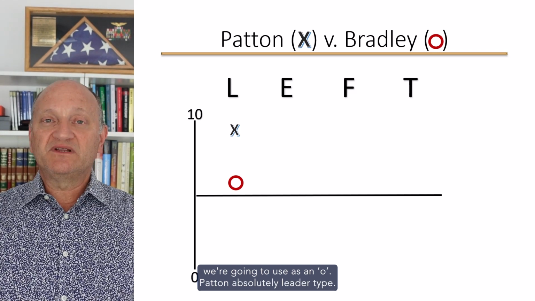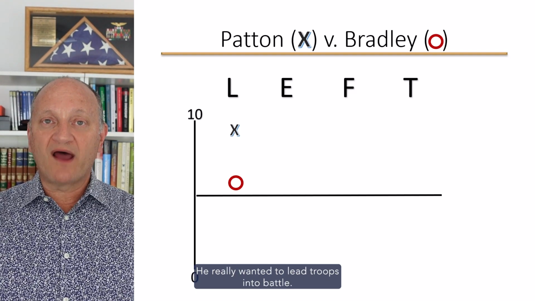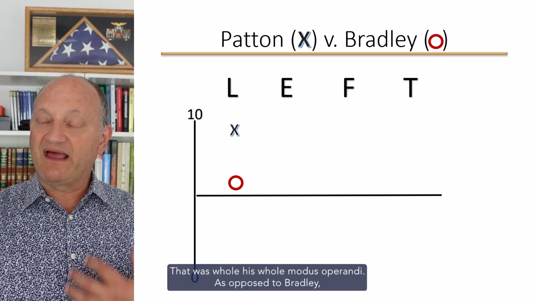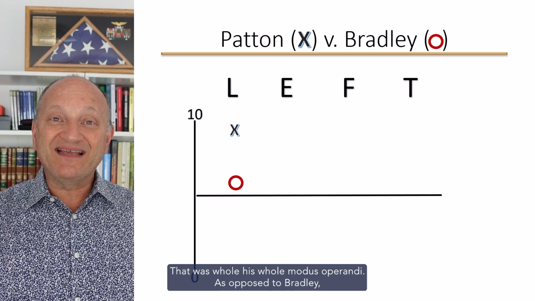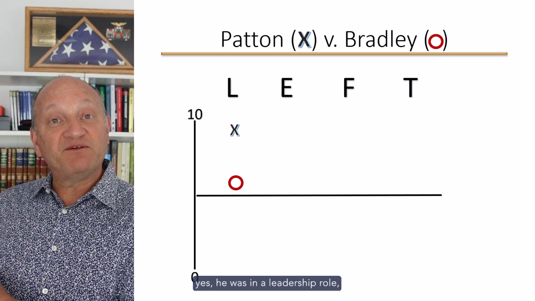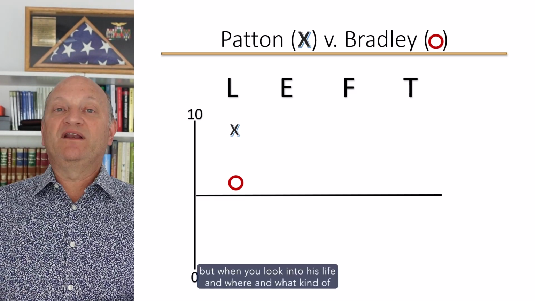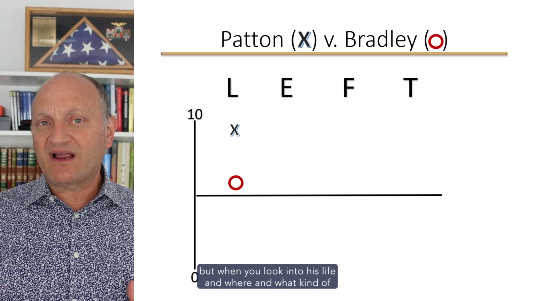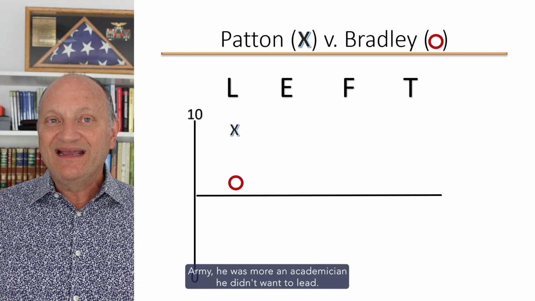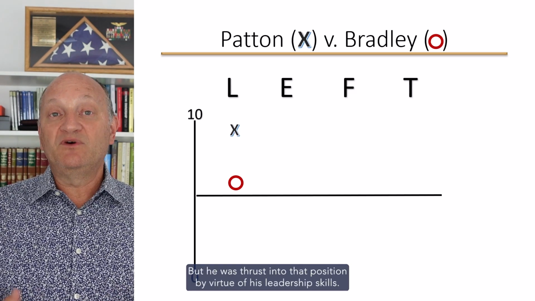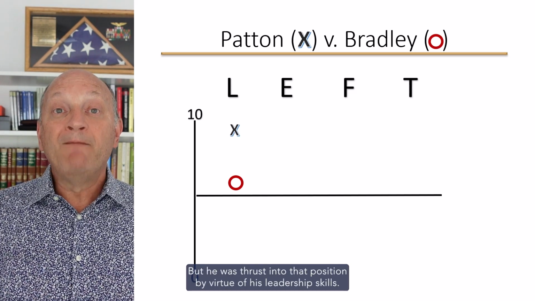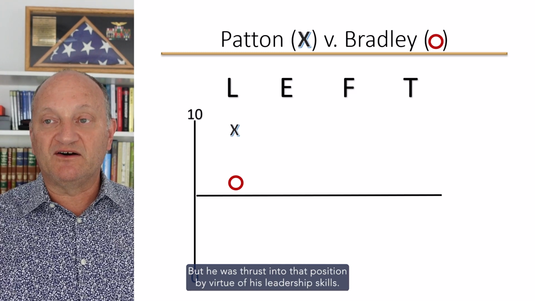Patton, absolutely leader type. He really wanted to lead troops into battle. That was his whole modus operandi. As opposed to Bradley, yes, he was in a leadership role, but when you look into his life and what kind of billets he held in the Army, he was more an academician. He didn't want to lead, but he was thrust into that position by virtue of his leadership skills.